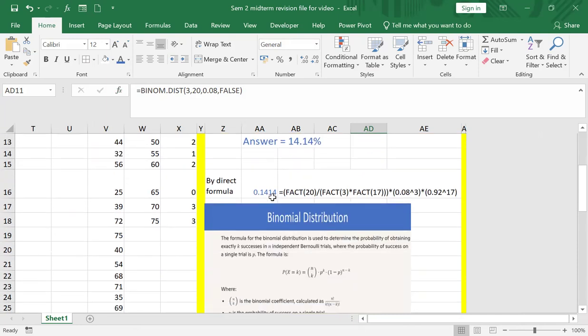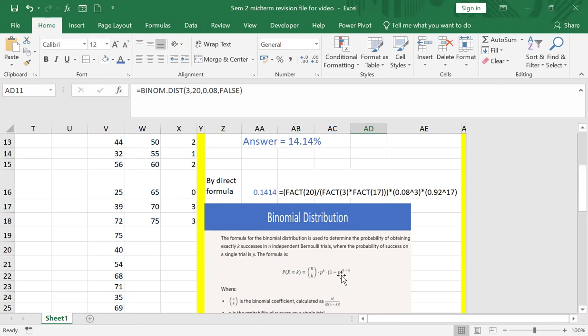We can calculate directly also using the formula nCk p to the power k into (1 minus p) to the power n minus k. nCk is nothing but factorial 20 divided by factorial 3 into factorial 17. This entire part is this one. Then p to the power k, 0.08 to the power of 3, because k is 3.